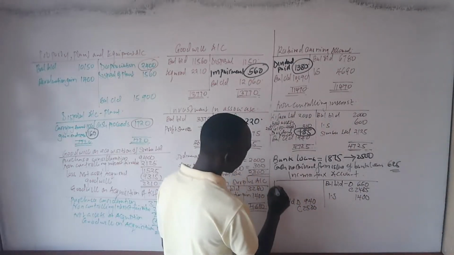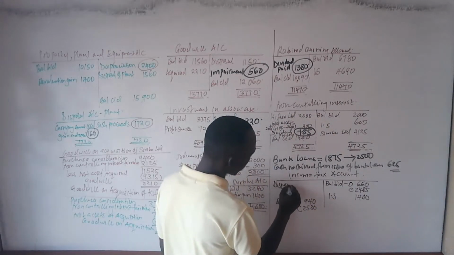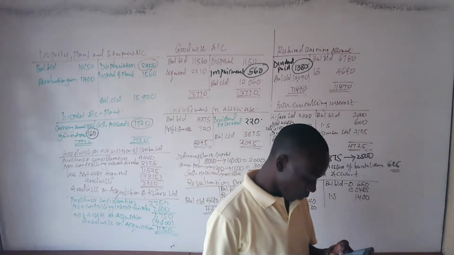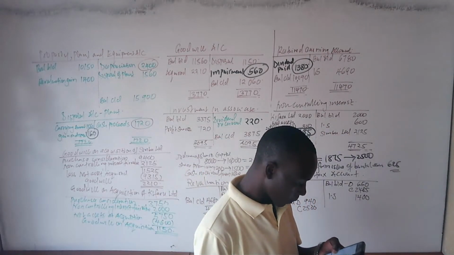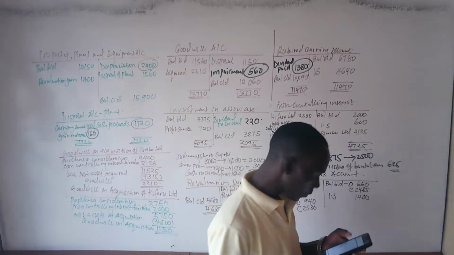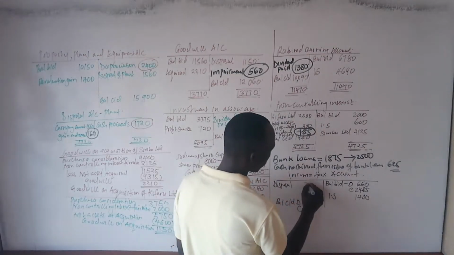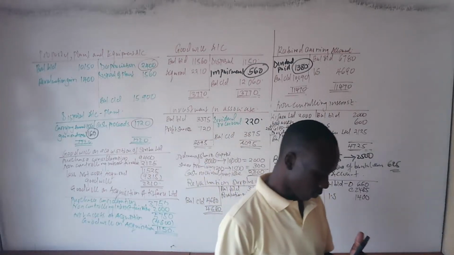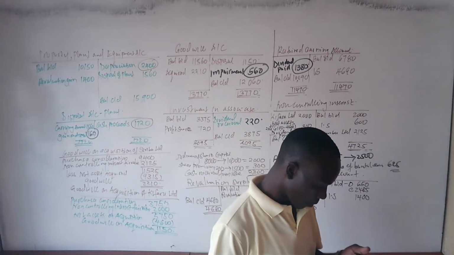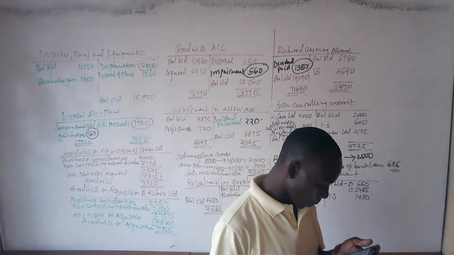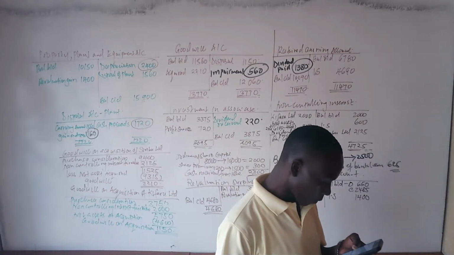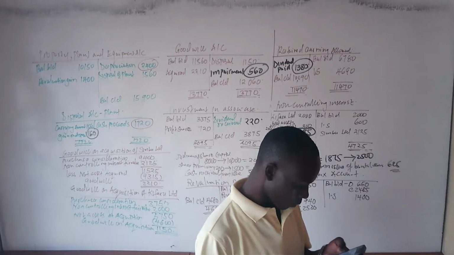Then from there, give me disposal. Did we dispose any tax? Go to note number 3. Current tax, how much? 250. Did we acquire any tax? Note number 2, acquisition, we acquired 250.